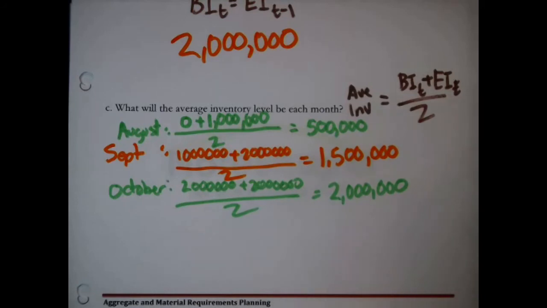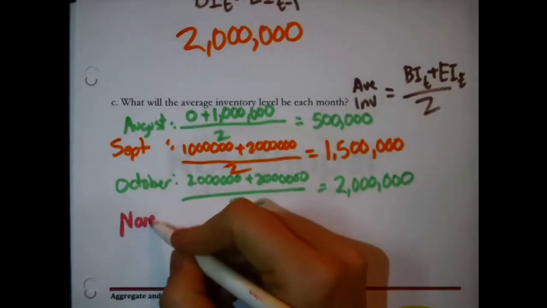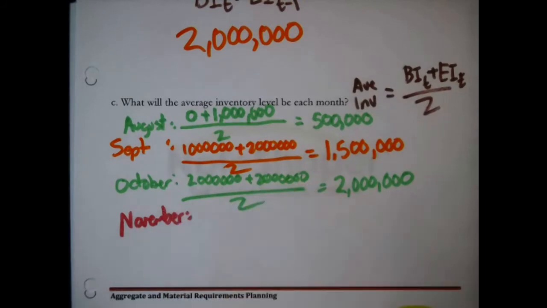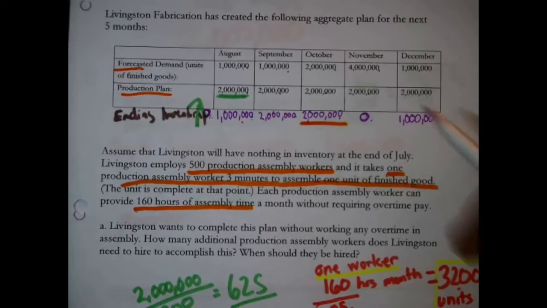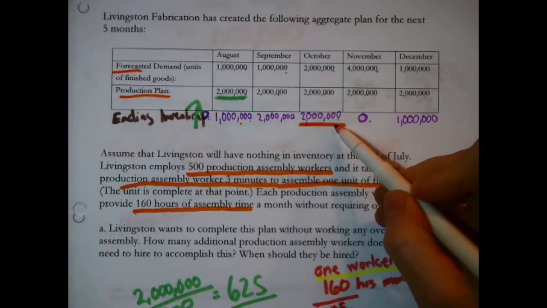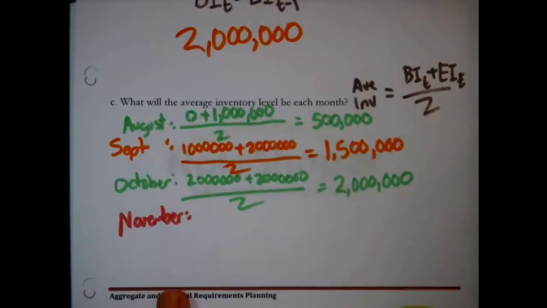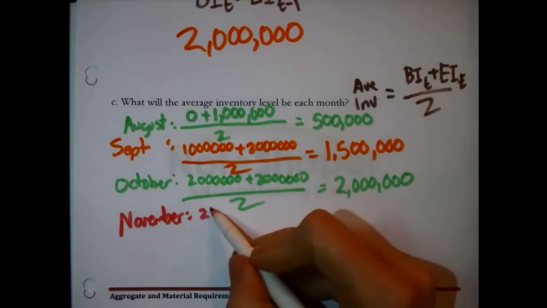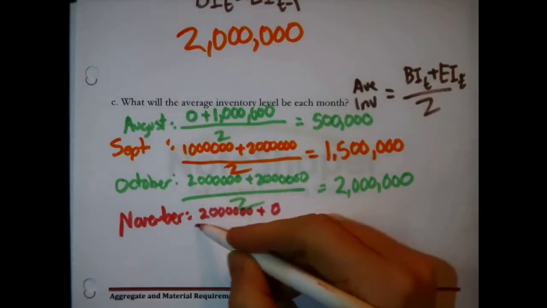Okay, then that brings us up to November. In November, consult the table. They start with 2 million, the ending inventory for October, and they end with nothing. So the average inventory is 2 million plus nothing, divided by 2.